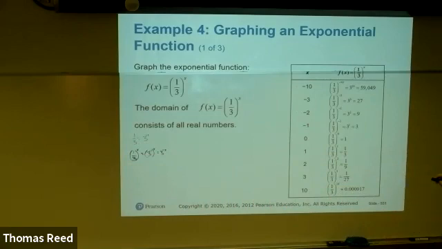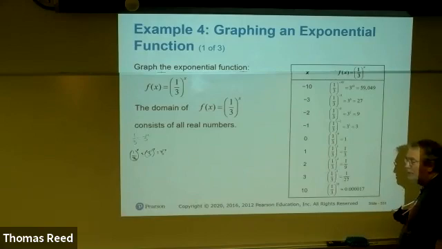And please notice here, when they wrote this here, they said it was 3 to the 10th power. This is 3 to the 3rd power. This is 3 squared. This is 3 to the 1st. This is just 1. And then this is just 1/3, and 1/3 squared, 1/3 to the 3rd, and 1/3 to the 10th power. Which is 3 to the negative 1, 3 to the negative 2, 3 to the negative 3, 3 to the negative 10.